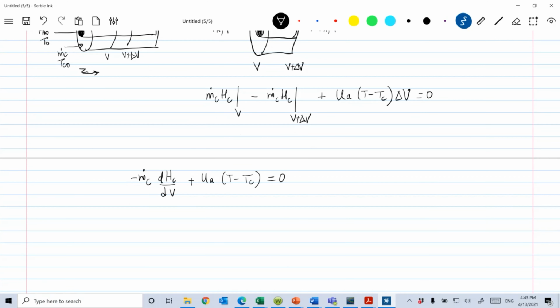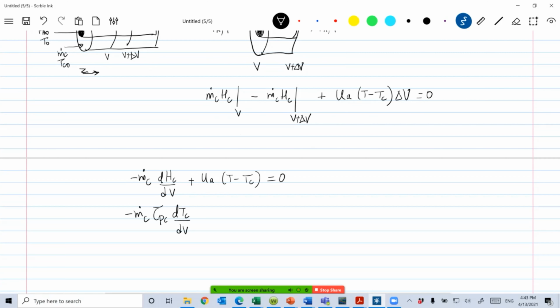Now dHC/dV is similar to CPC, which we say is constant, times dTC/dV. So I'll write it out: plus UA(T minus TC) equals 0.